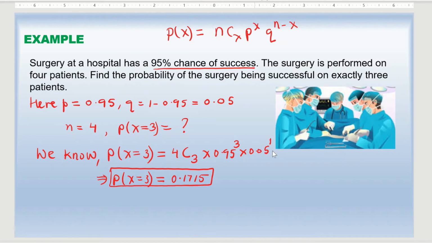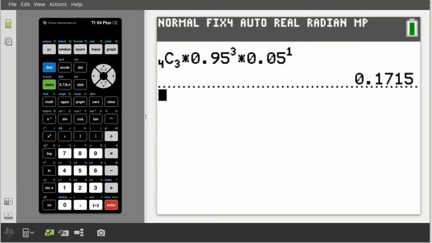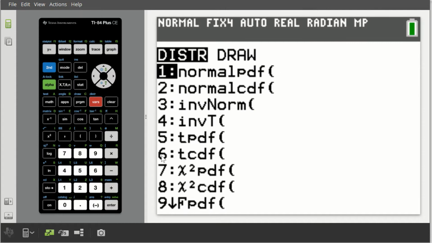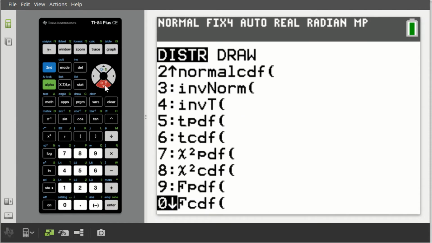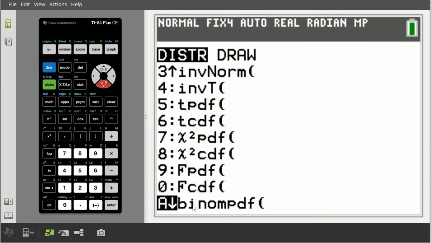We can also get this directly from our TI-84 calculator. In the TI-84 calculator, we go to second and then vars. Then you'll see the distributions here. So scroll all the way down until you get the binomial probability distribution, BINOM PDF.